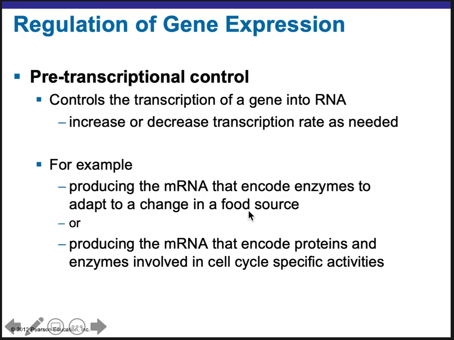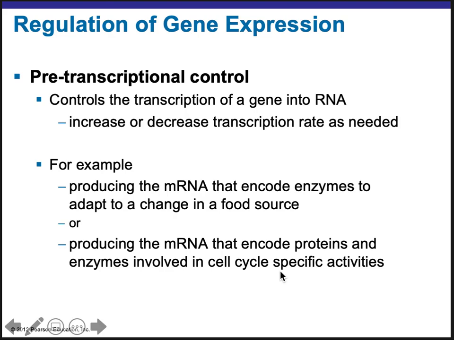So it's going to change which genes are on, which genes are off, and how much of them are on, to what degree, right? Another example, enzymes for a different activity, maybe it's part of the cell cycle, for example, right?